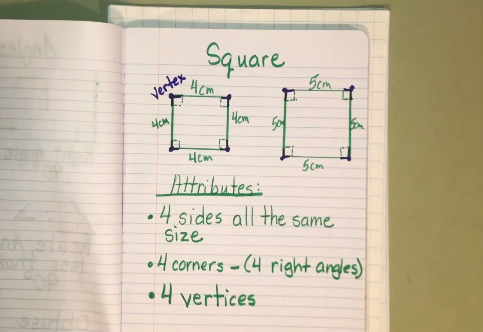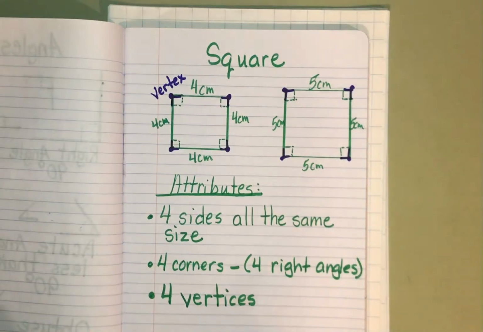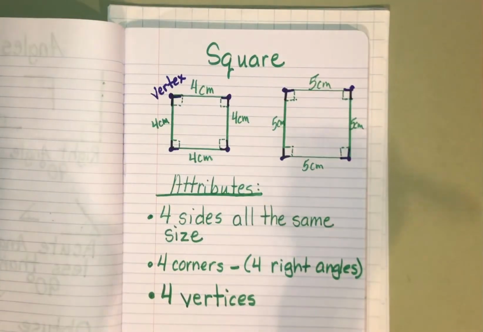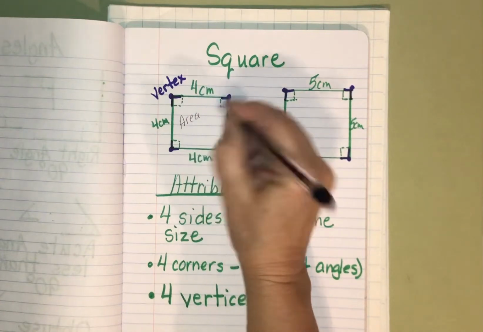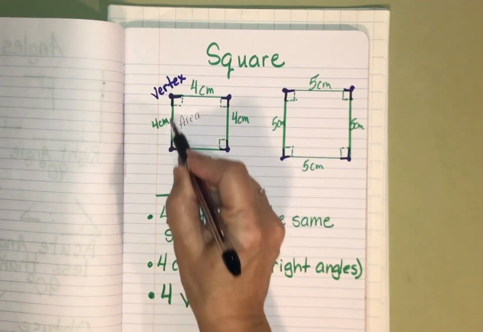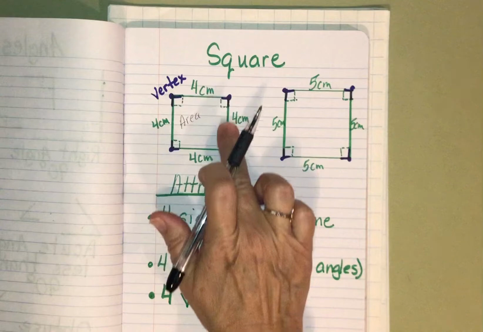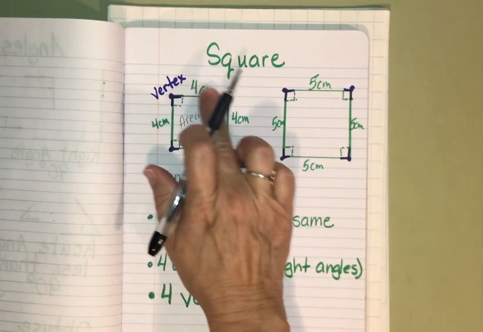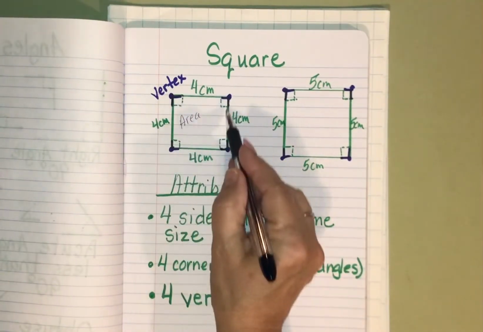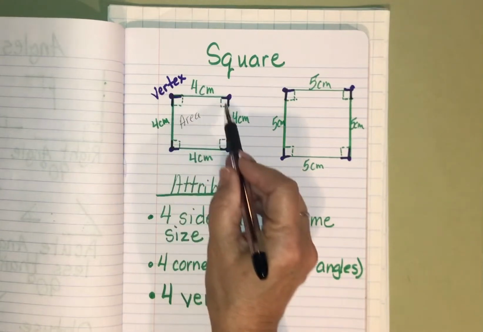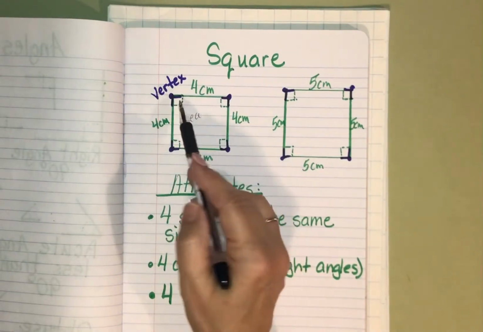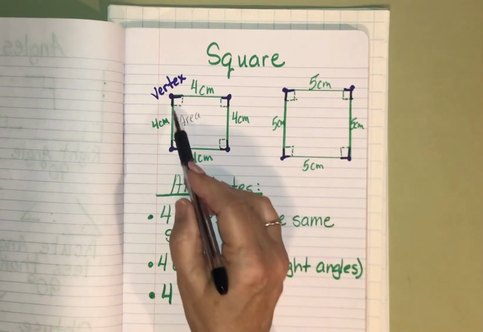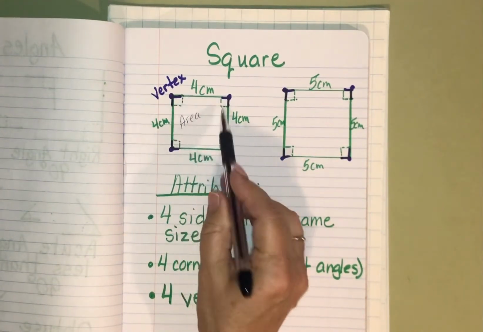Okay? Now there's just 2 more things for us to find out. And I'm going to start with a pen. You can use your pencil. We want to figure out the area. What is the area? How big is this all the way around? If this were my floor and I wanted to put a carpet in here, it would have to be a floor for like an elf or a fairy, right? It's pretty small. But I would have to figure out how big is it inside.